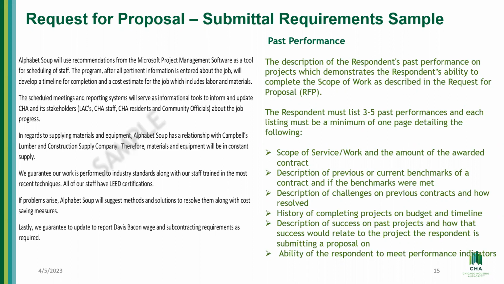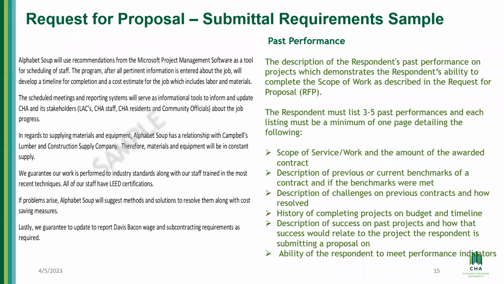The respondent must list 3 to 5 past performances, and each listing must be a minimum of 1 page detailing the following. You have to include the scope of work or service and the amount of the awarded contract, and you can see the example in this part.